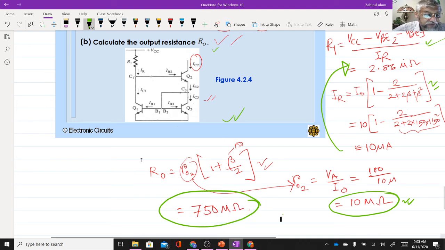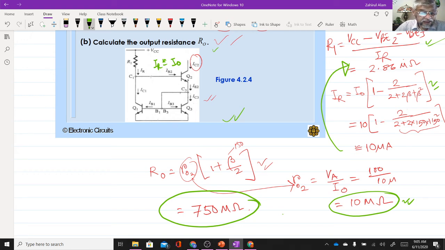So now we have finished the first configuration, which is known as Wilson current source, and the output 2 transistors are connected in series. If they are connected in series, then the output resistance also increases. For this case, we have seen that IR is very near to the output current, which is close to a current mirror.